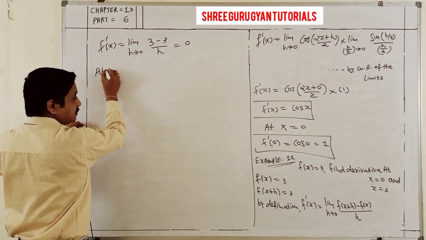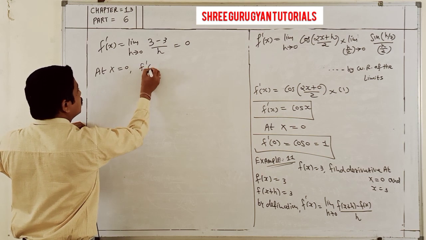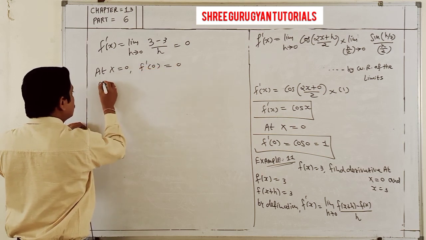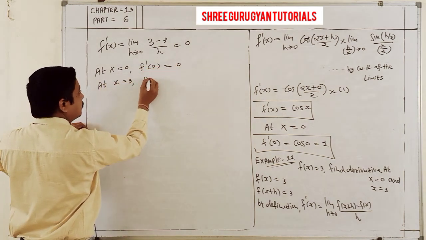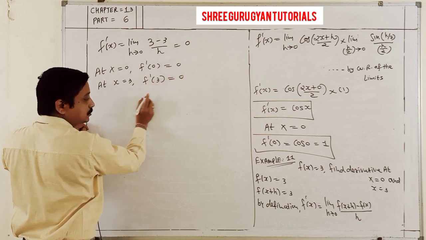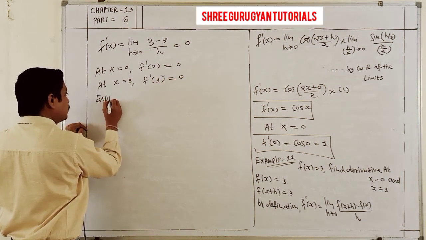So at x = 0, f'(0) is 0, and second, at x = 3 also 0.